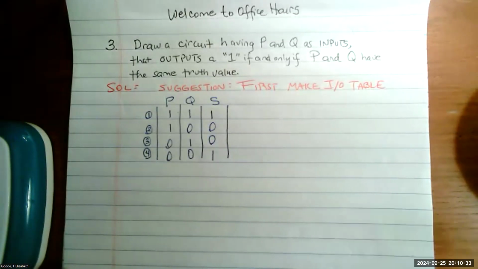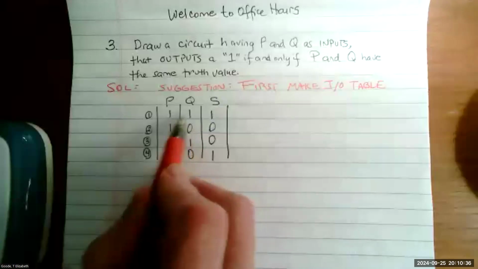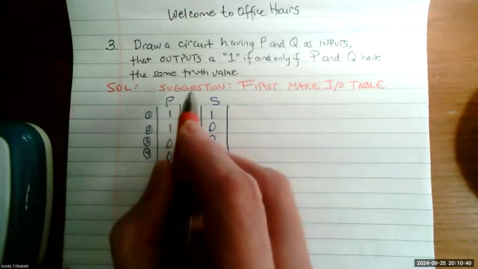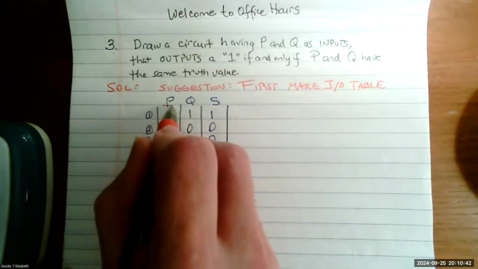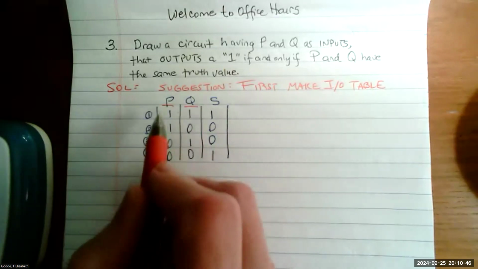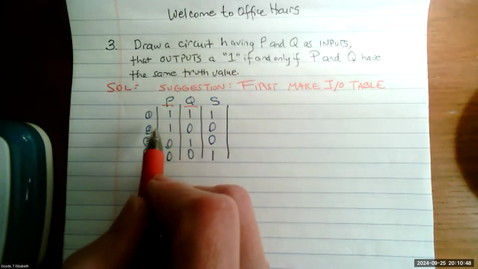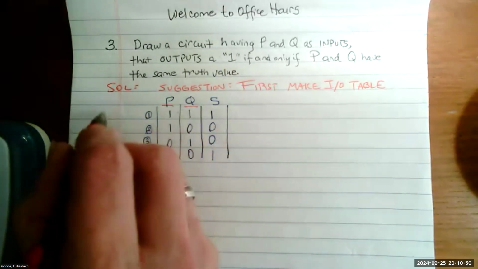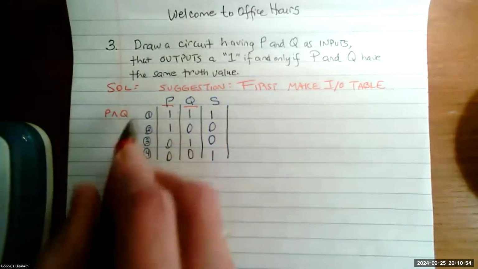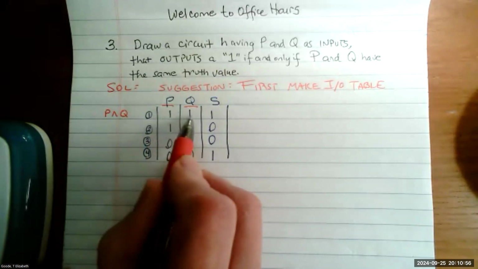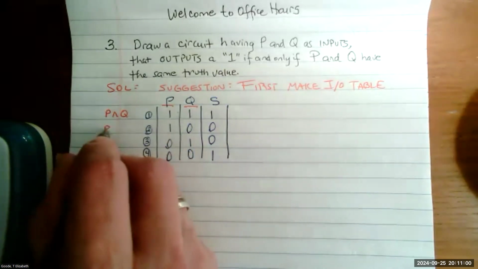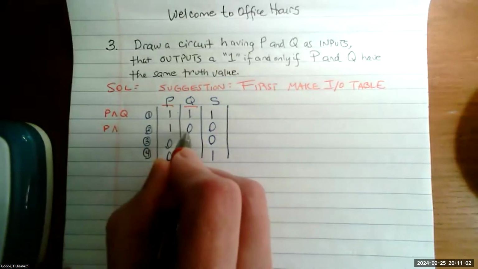Remember, these rows are input states. When we look at the inputs P and Q together, they constitute what is called an input state. In the first row, P is true and Q is true. They're both hot. So this first row is represented by P and Q. The second row, P is true and Q is false, or cold.